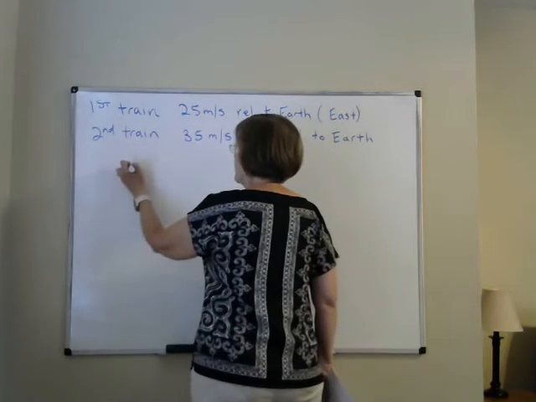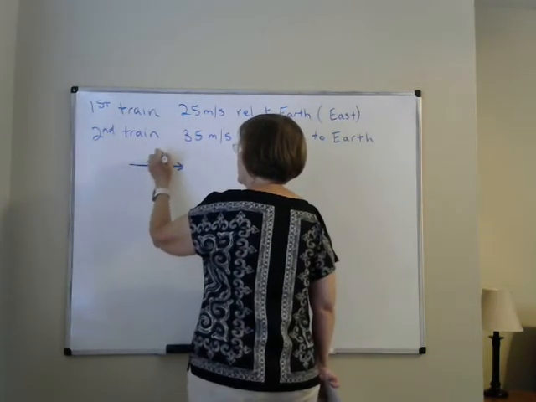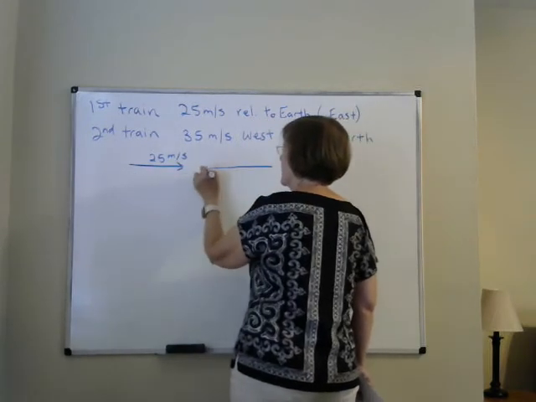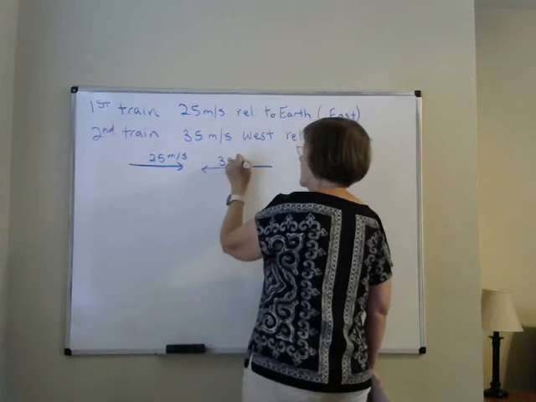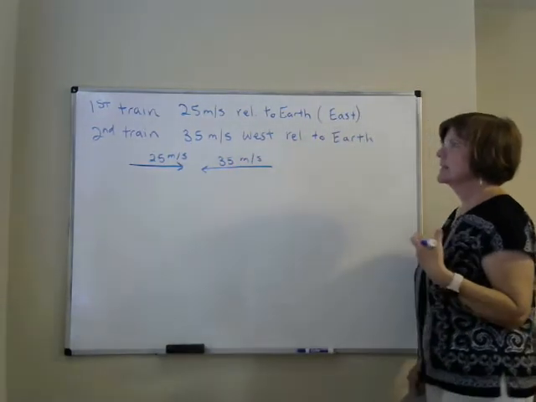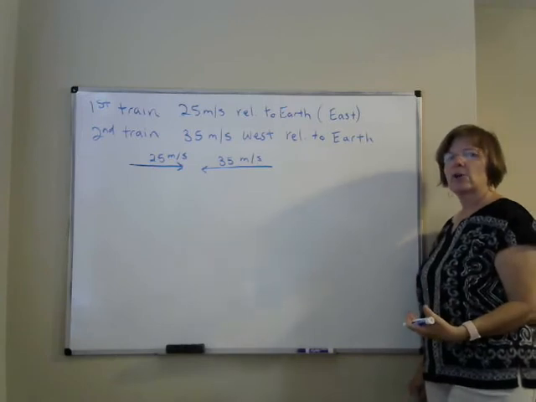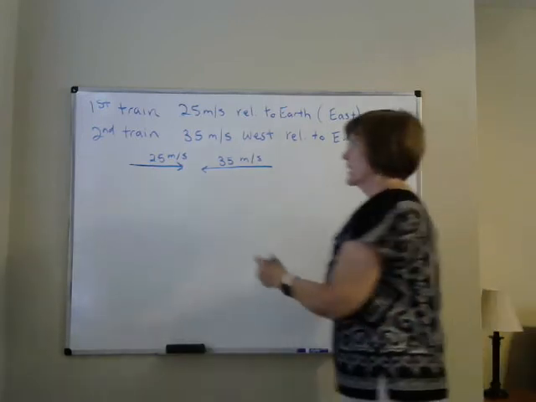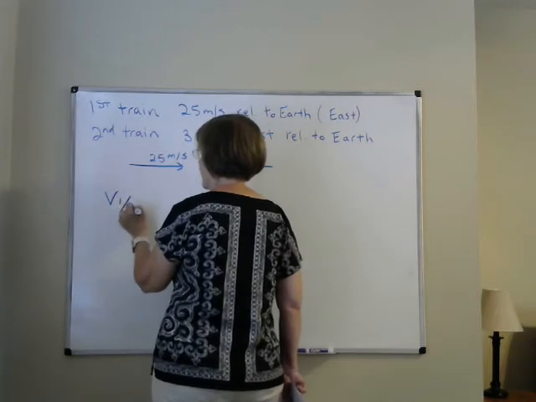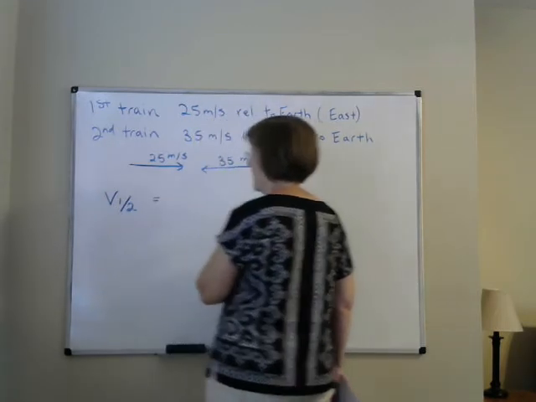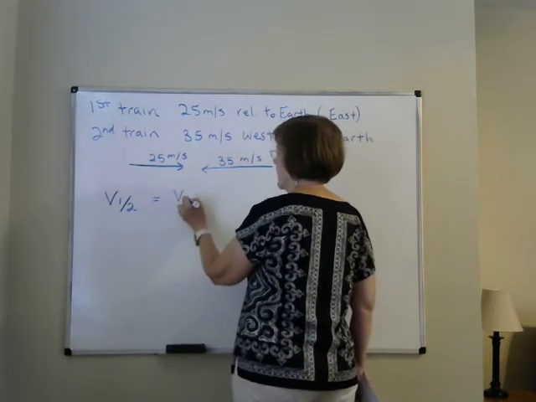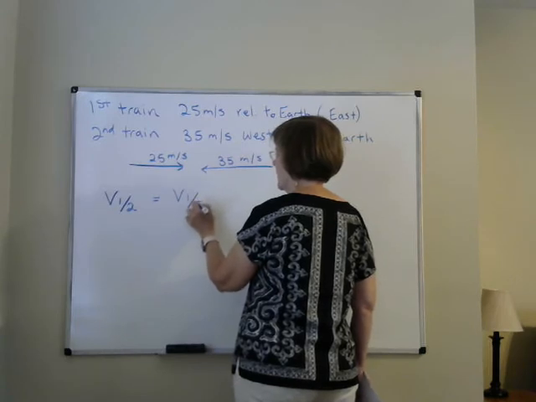We have the first train going like this at 25 meters per second. The second train is going like this at 35 meters per second. Let's get the velocity of the first train relative to the second train. I want the velocity of train 1 relative to train 2. Well, think about that. I know the velocity of train 1 relative to the earth.